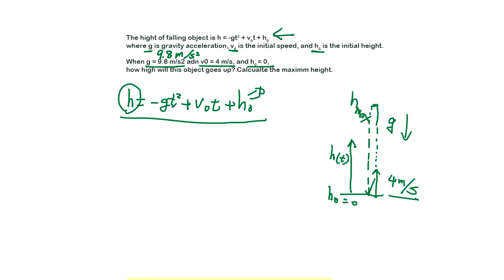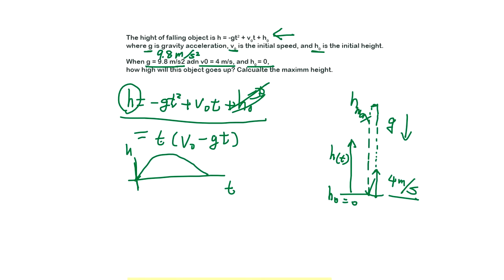How high will it go? When this is 0, then v0 minus gt, right? And this will be like t and h, and the height is going to go up. When t is 0, it's 0, and then it comes down. What is this value? The roots. So t is v0 over g.